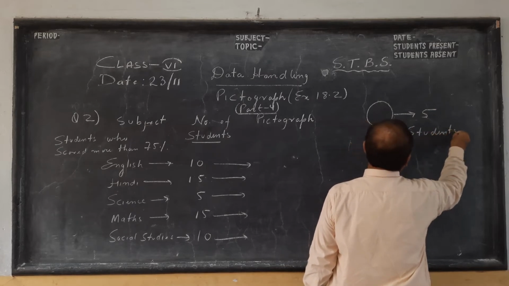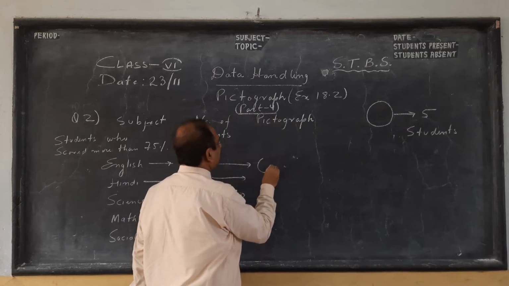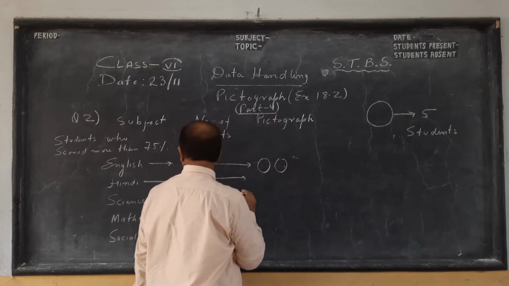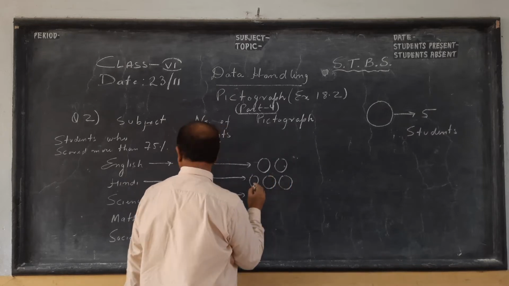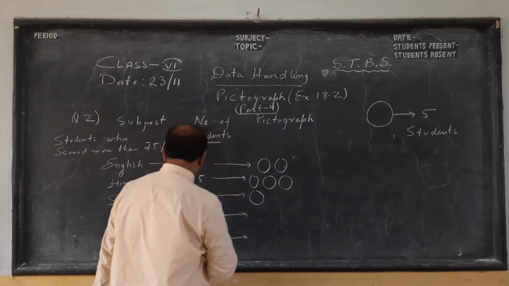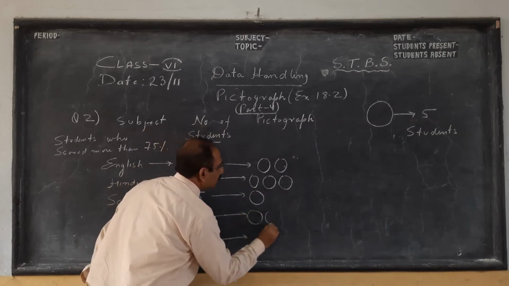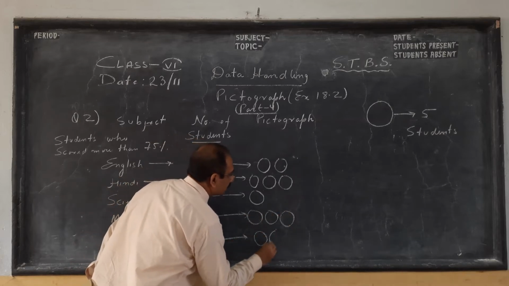Okay, so like that we can see half. So here these are all multiples of 5. So 10 means we draw 2 circles, 15 means we draw 3 circles, 5 means we draw 1 circle, 15 again means 3 circles, and social studies 2 circles.